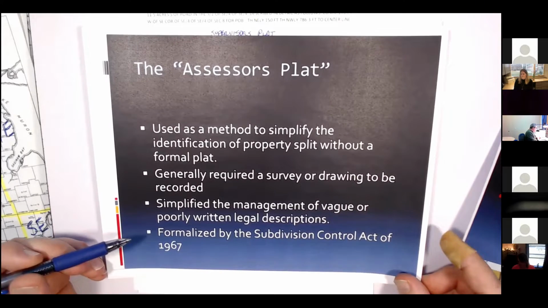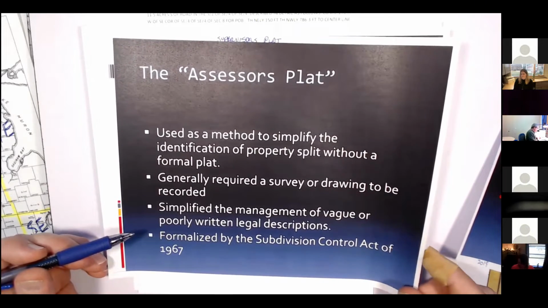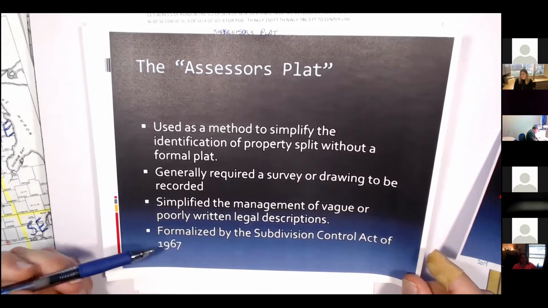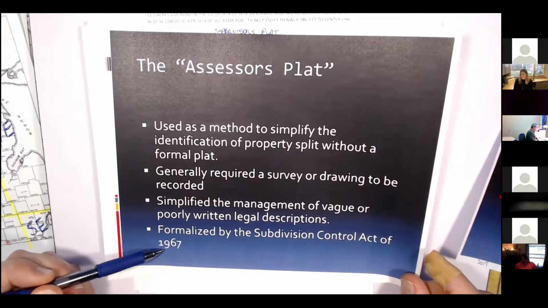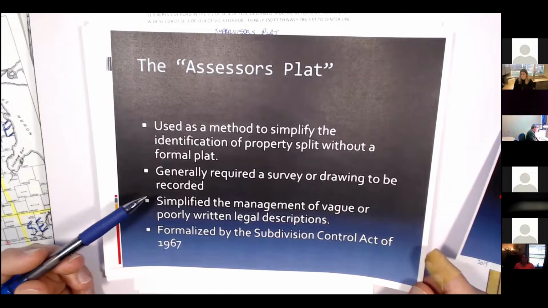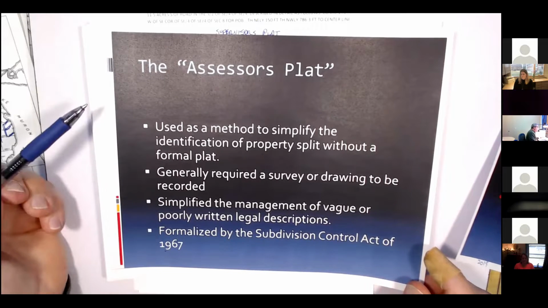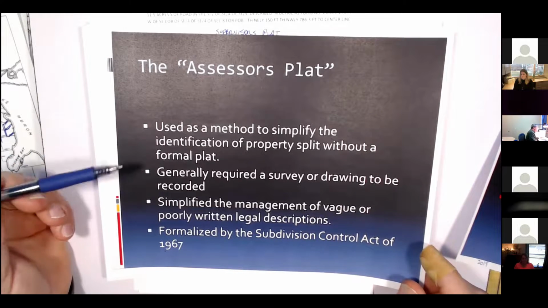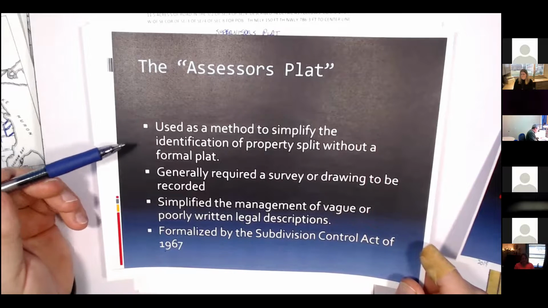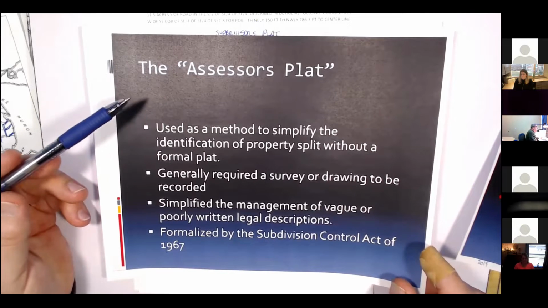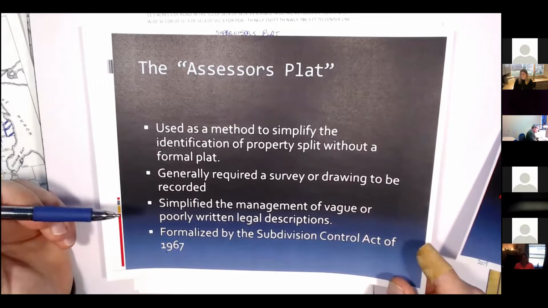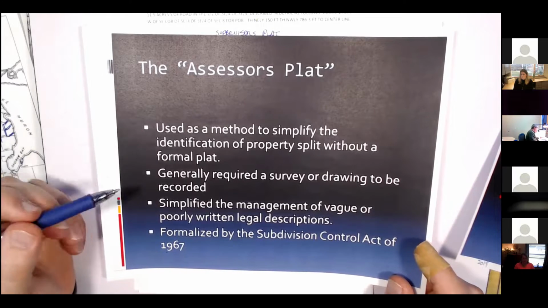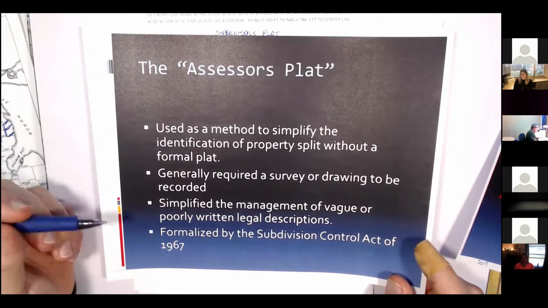So a lot of the necessity of those went away when they created the Subdivision Control Act in 1967, but you're still going to see these occasionally in documents, and you're going to recognize the abbreviation AP of assessor's plat, or SP for supervisor's plat, usually followed by a number, AP number 14, lot 6.